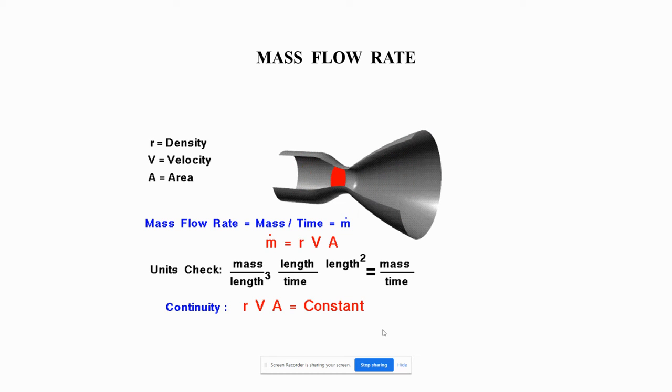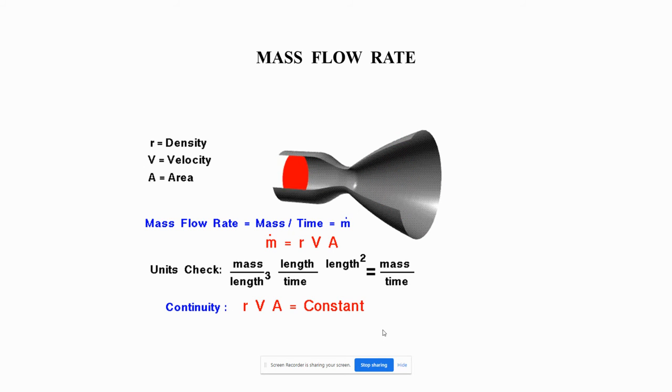Consider this nozzle. At the throat, the cross sectional area is very low, so the velocity will be high. But at the outlet section, the area of cross section will be high, which implies that the velocity will be low.